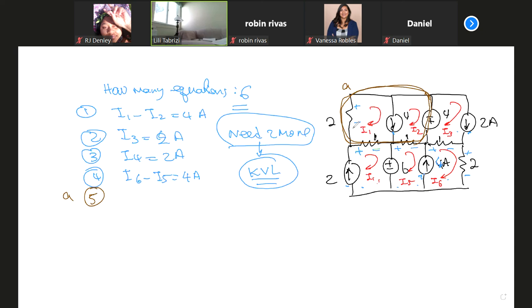Write the KVL equation for this loop. Do you know how to write KVL? Would it be I3 minus 2 is equal to 4? Do you see I3 here? Oh, my bad. I was looking at the outside. Sorry.